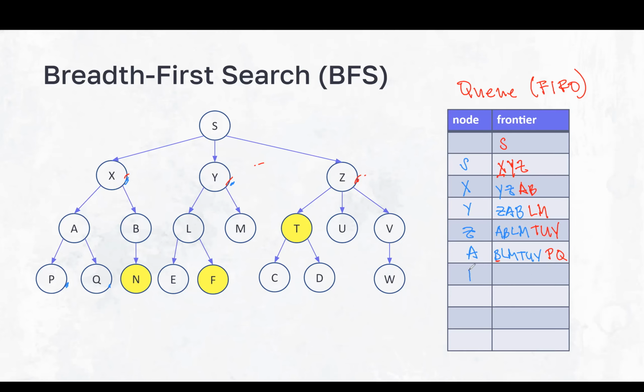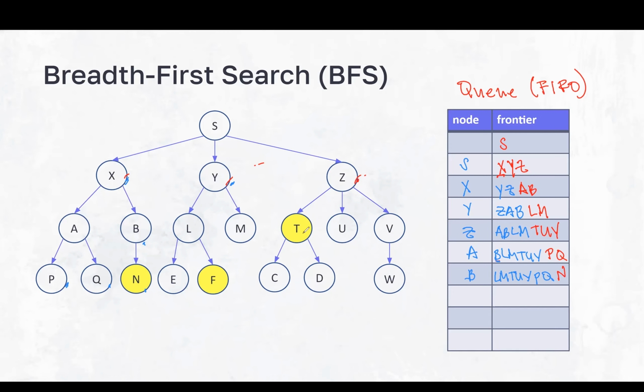Check B. B has one adjacent node, which is N. So we will be inserting N, but first we need to rewrite our remaining nodes in the frontier: L, M, T, U, V, P, Q, and then we insert N.